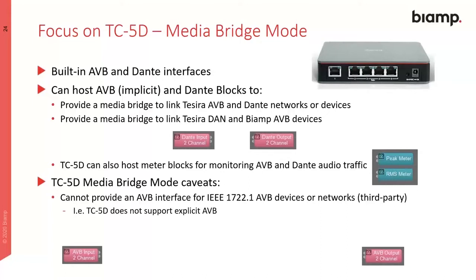You directly connect an input and expansion mode, for example, into your server without the hassle of connecting inputs to outputs, without third-party software to connect input to output. But if you need explicit AVB from Biamp, then in this case you will need to have a third-party AVB normal switch, not the TC5D or the TC5.